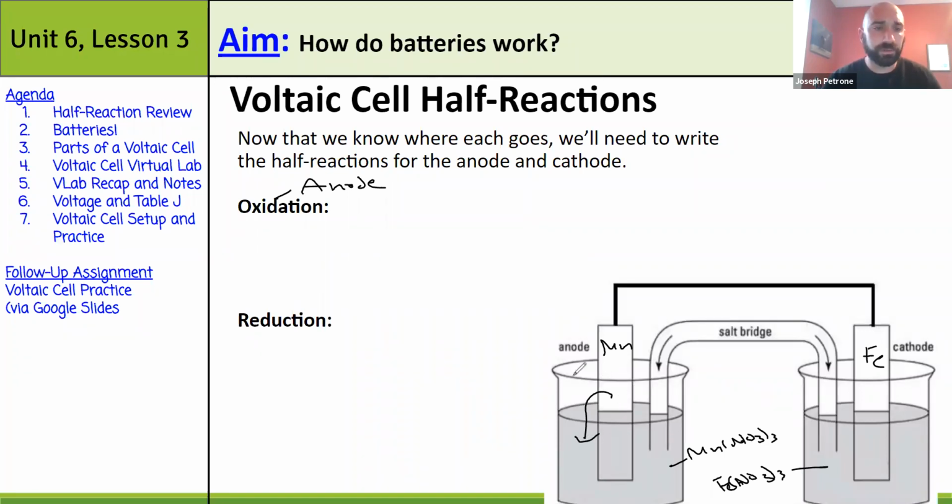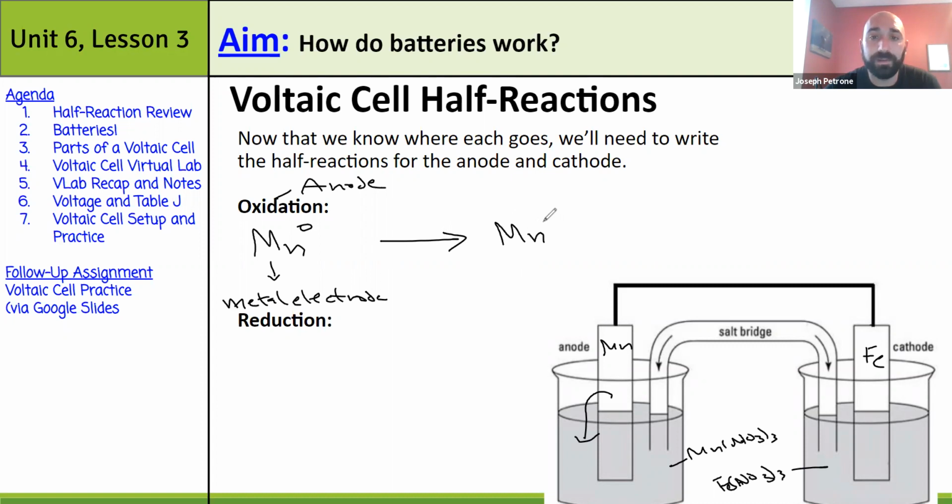So we're going to start writing out our reaction using our reactant. The reactant here is going to be Mn with a 0 charge. Once again, this is coming from the metal electrode. And then we are producing a manganese ion. In this case, it's going to be Mn with a 3+ charge.